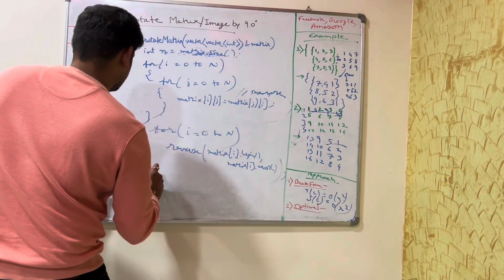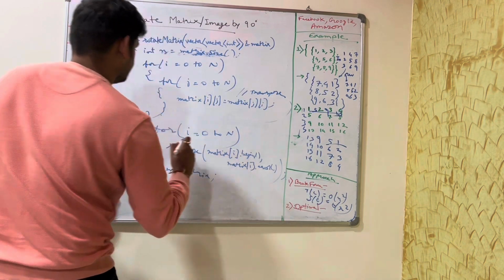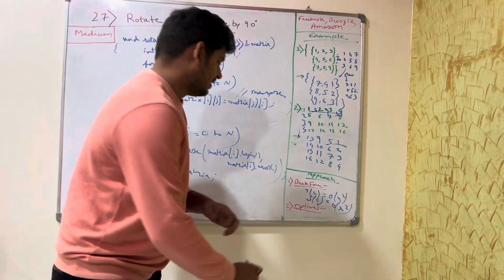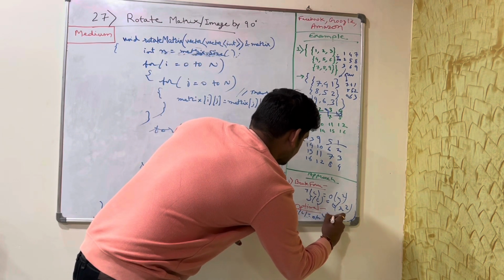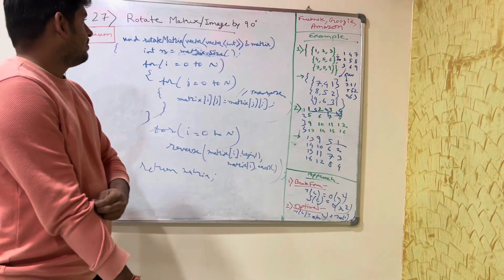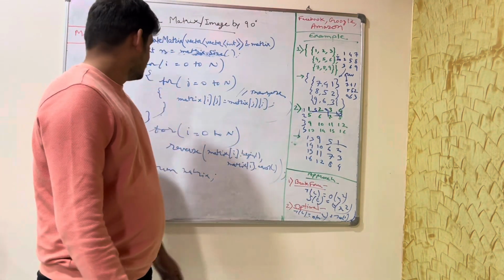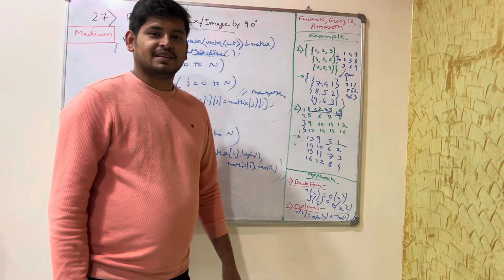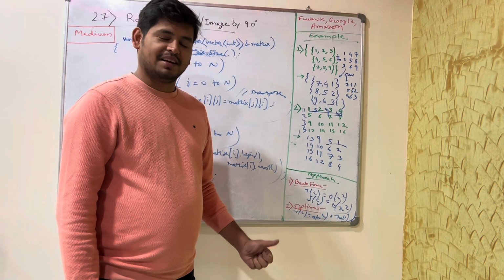And then we will return the matrix. Simple. Order of n square time, space will be order of 1. So in this way we can rotate the image by 90 degrees in place without any extra space. The link to the question has been given in the description. Please try it yourself and then come to my code walkthrough section.